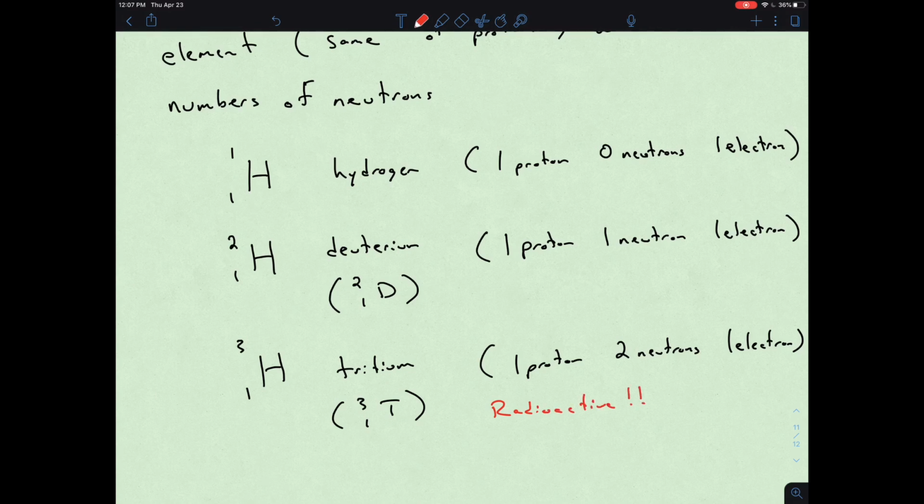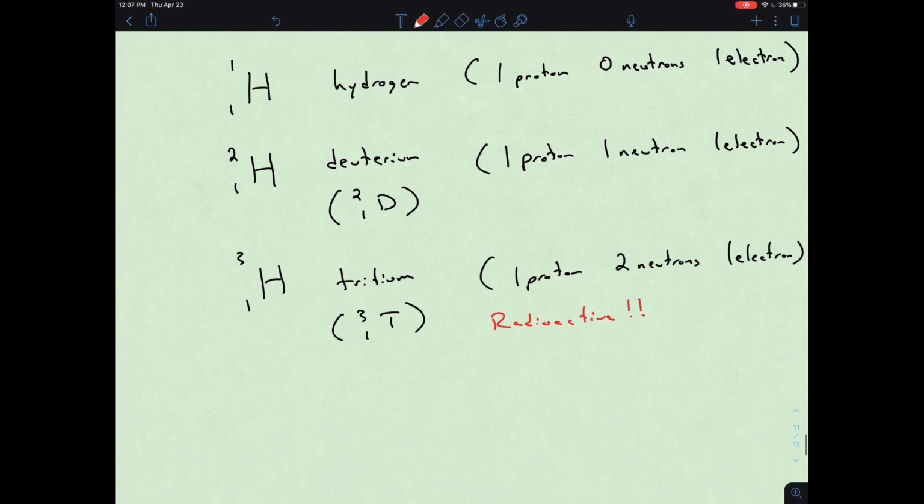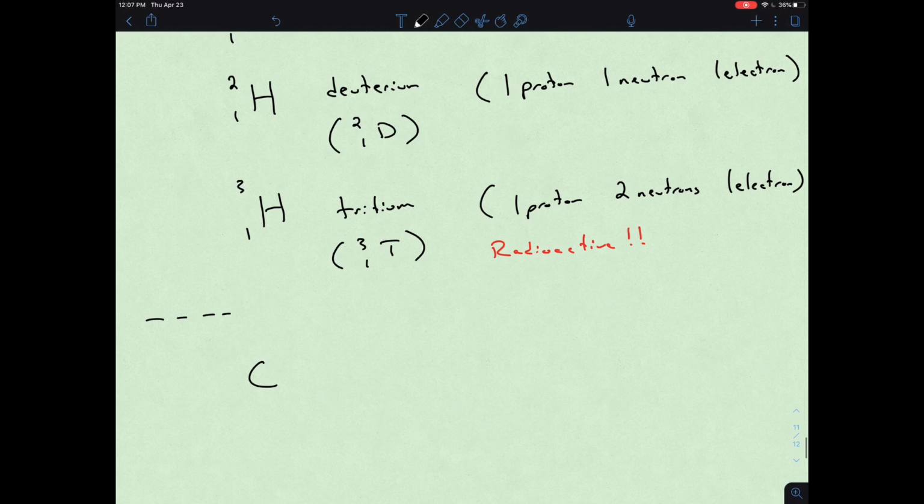So you might have heard of tritiated water, things of that nature, especially with nuclear power plants involved. That's coming from that radioactive isotope of hydrogen. So all of these are the same element, hydrogen. They just have different numbers of neutrons. Another example would be, just quickly looking at carbon.